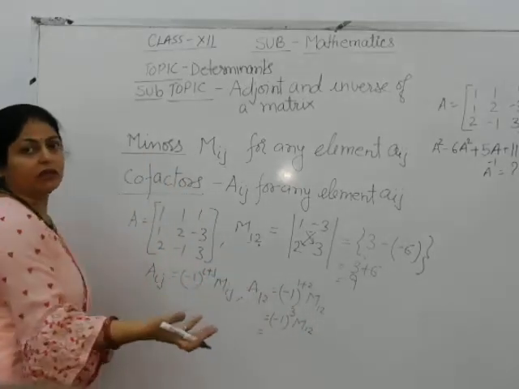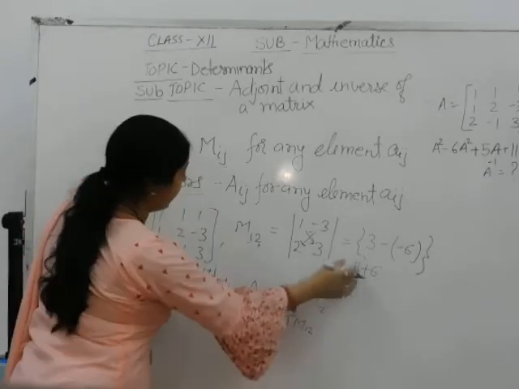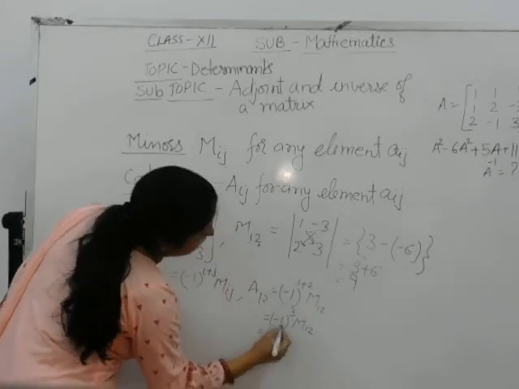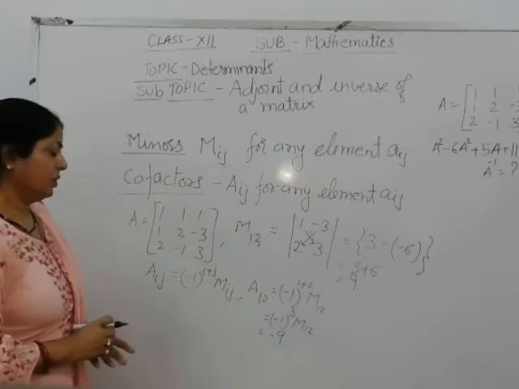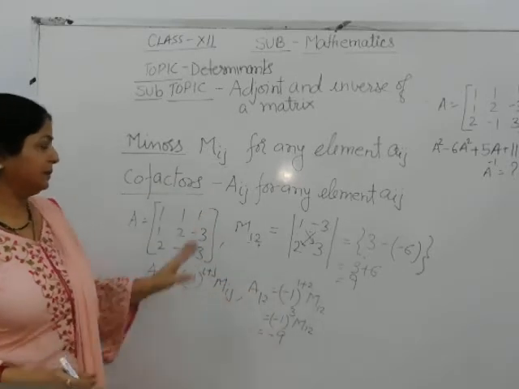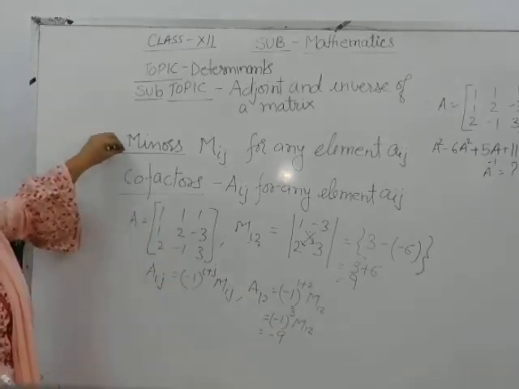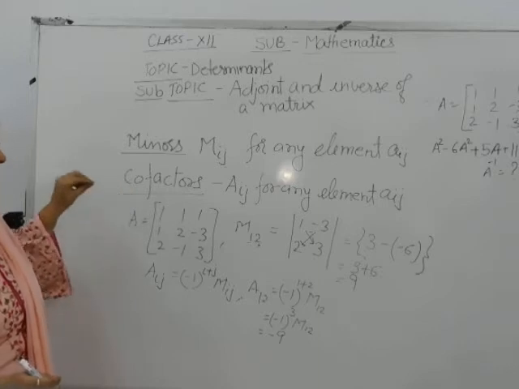Minus 1 to the power odd number means minus, and M12 is minus 9. So we get A12 is minus 9. By this process, we have to find minors and cofactors.